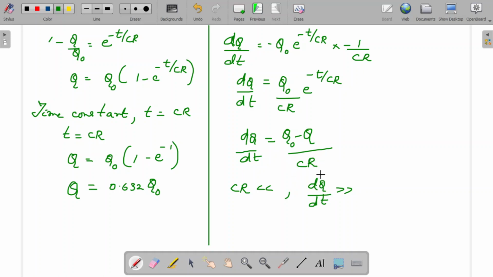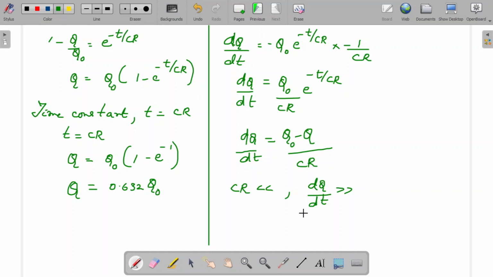So the lower the value of CR, the more rapidly the charge on the capacitor will grow. Okay, so I can say that the more the value of the capacitor and the resistance, the more time it will take to get fully charged.